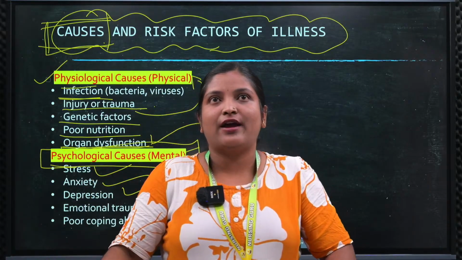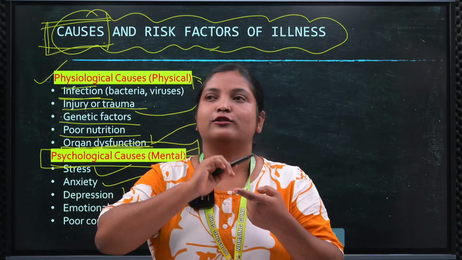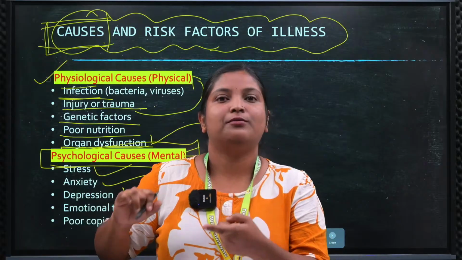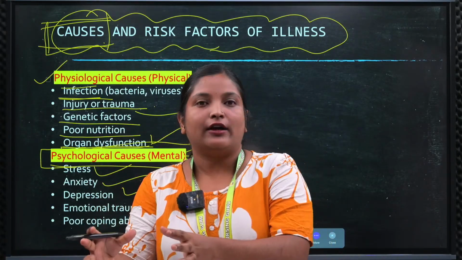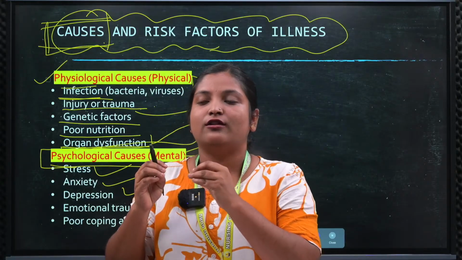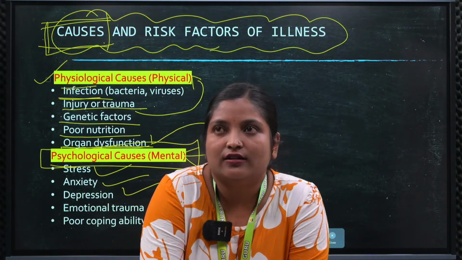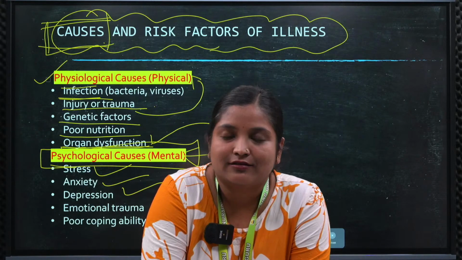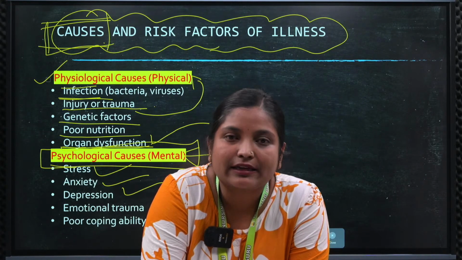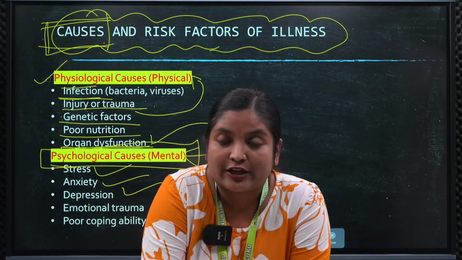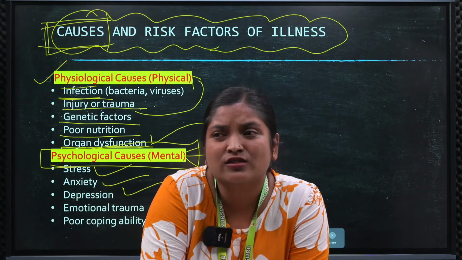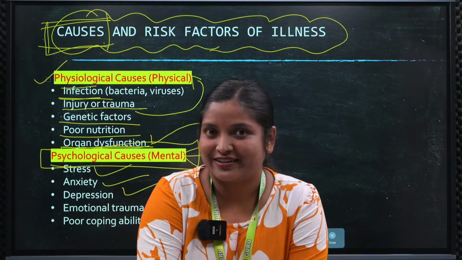Sometimes what happens is, if you lose your girlfriend or your boyfriend, there is a chance to get depression. Or if you lose your beloved one, or something that is very dear to you, there may be a chance to get depression. Or if you lose your job, you will definitely get depression.